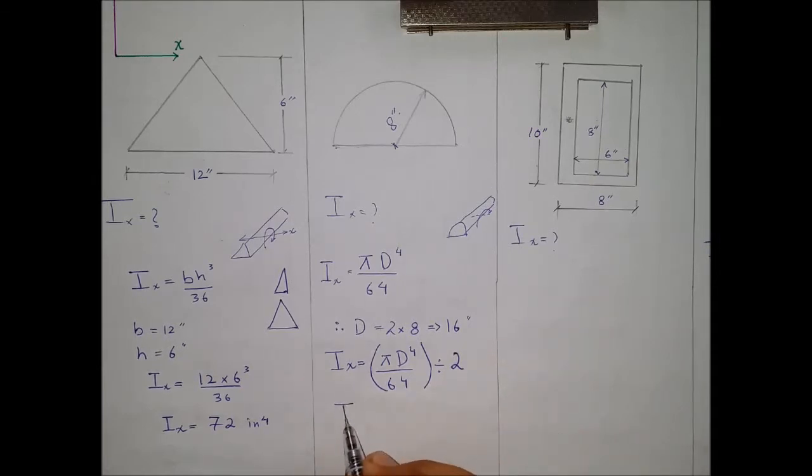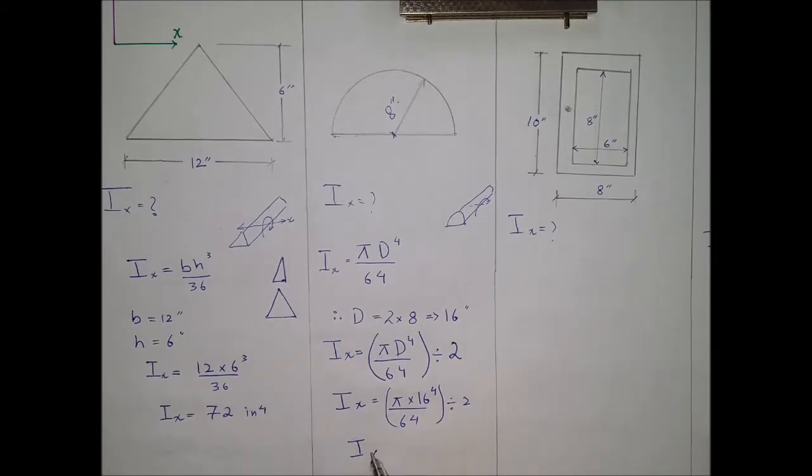Now we substitute values in this formula. So the moment of inertia about the x-axis comes out to be 1608.5 inch 4, which is required for the given shape.